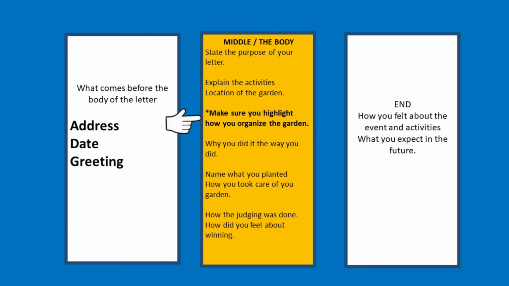If you look back at the scenario, you will realize that this is a major component of your task. You can also look at why you organized your garden the way you did. How was your garden judged? And how did you feel about winning? Remember, these are the main ideas that will come in the body of your letter.